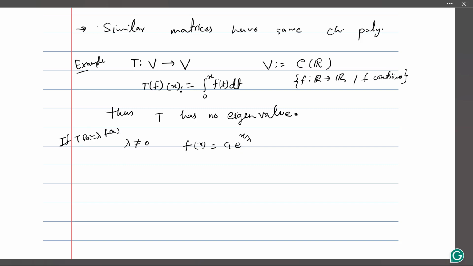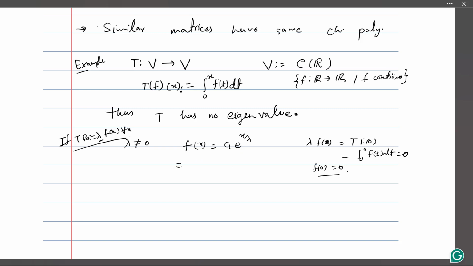By definition, f(0) equals Tf(0), and Tf(0) is the integral from 0 to 0 of f(t) dt, which is just 0. So lambda non-zero implies f(0) is equal to 0.